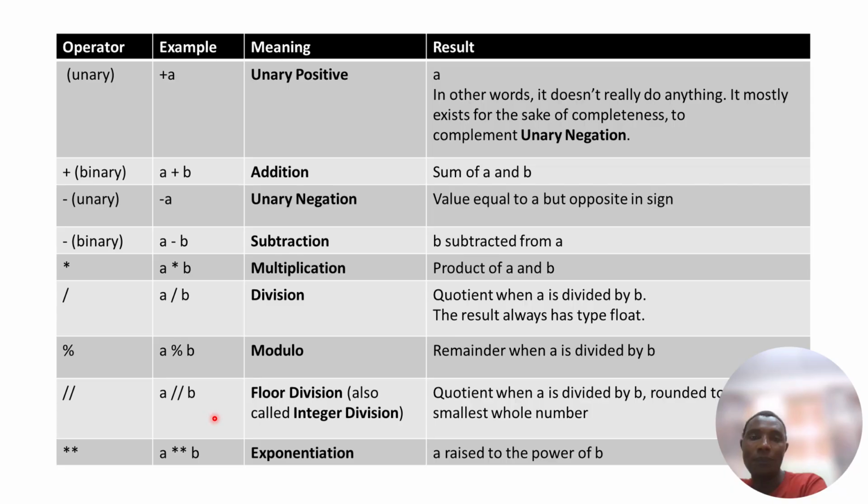Modulo, you find the remainder. This is a floor division, also called integer division. In the case of this one, the quotient is rounded down: when a is divided by b, it is rounded to the smallest whole number.